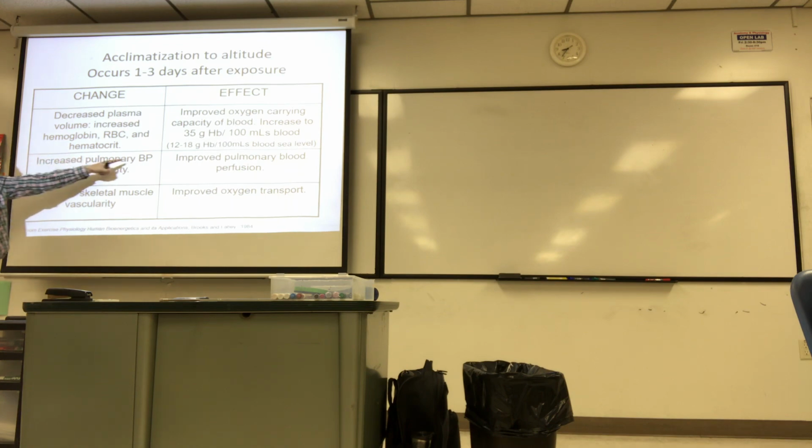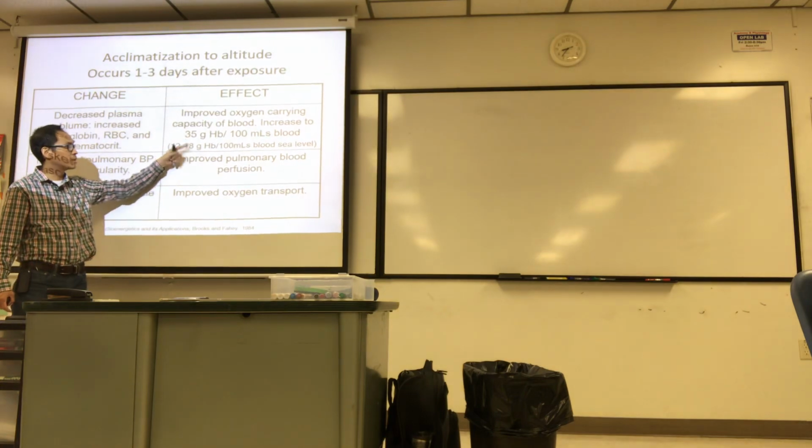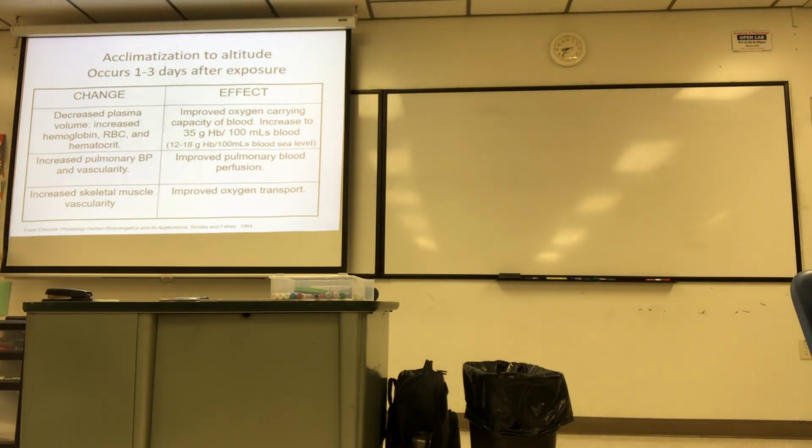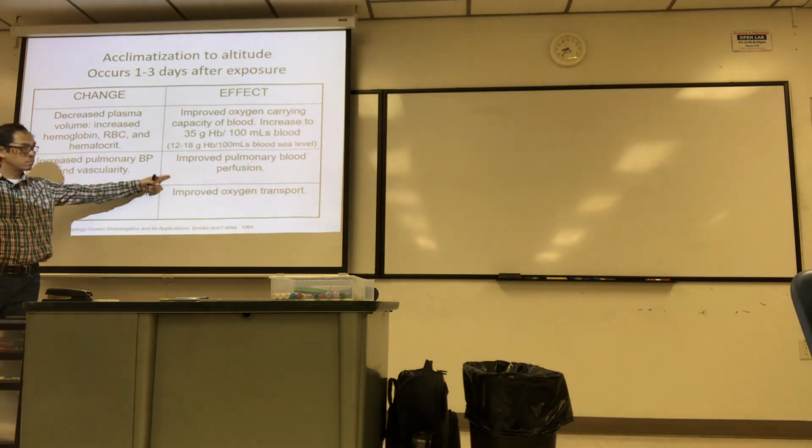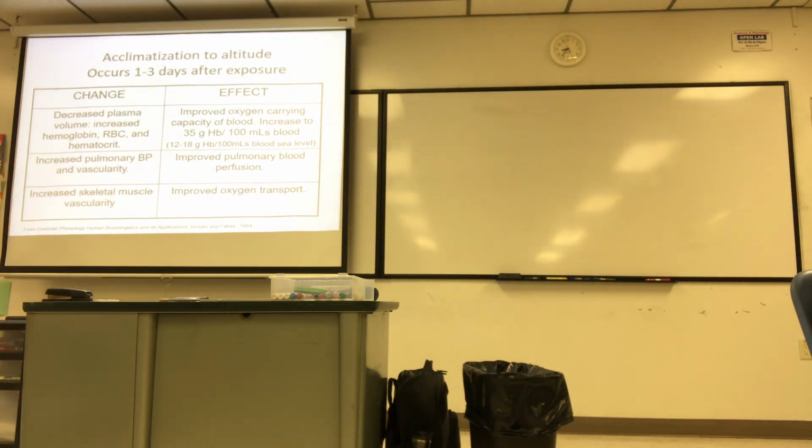So the effect is, remember the normal range? You can like double it. You increase pulmonary BP and vascularity, so you can pick up more O2 at the lungs. You're just perfusing the lungs with blood better. Increase skeletal muscle vascularity, so you can improve oxygen transport to the working muscles.